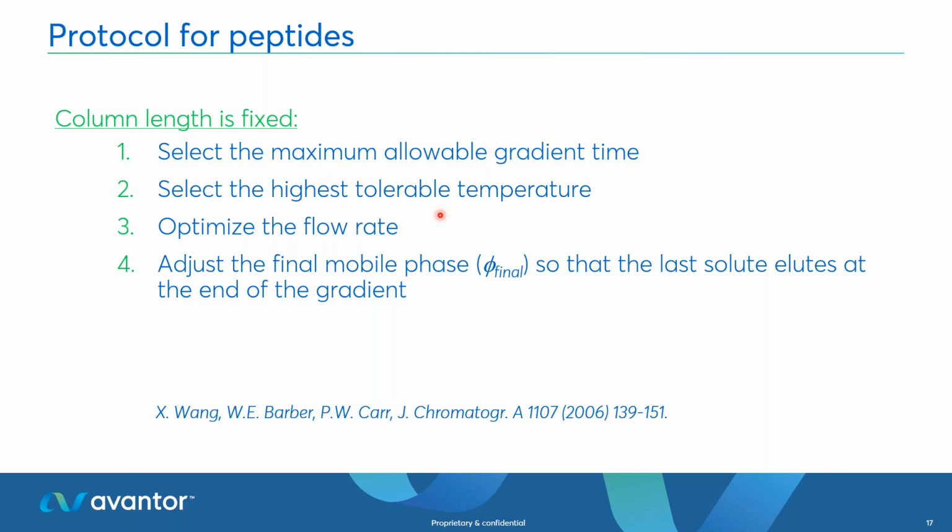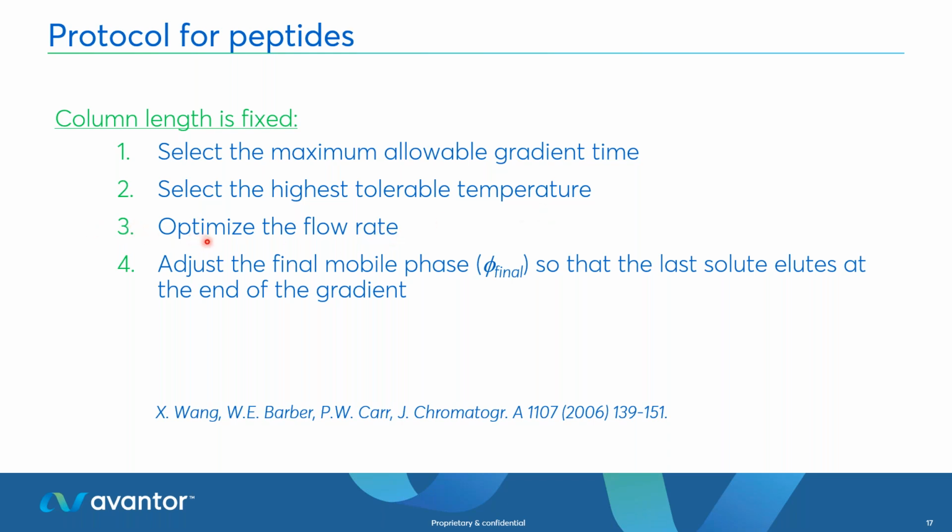You're going to decrease the viscosity, you're going to decrease the back pressure, and you're going to benefit from the mass transfer kinetics. Please make sure it's compatible with your column, your stationary phase, your system, and the accessories and connections that are exposed to this temperature environment.